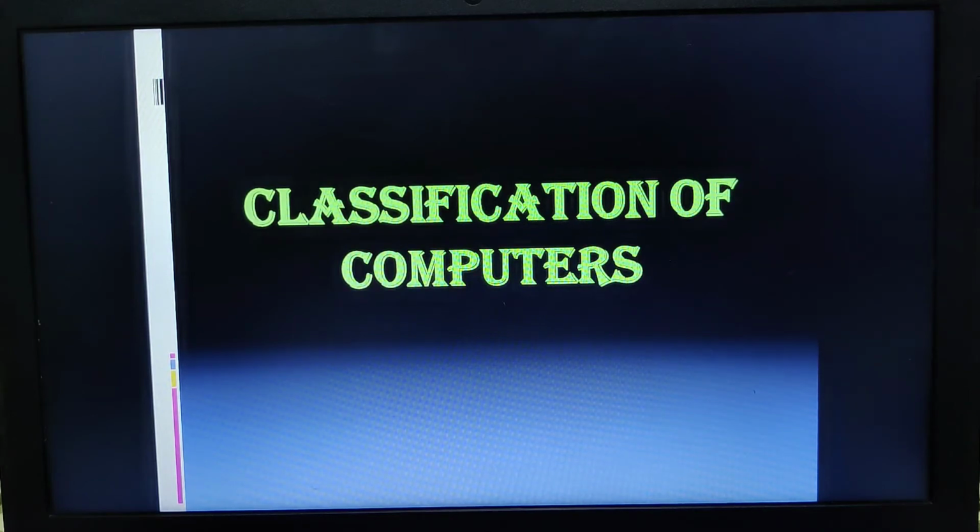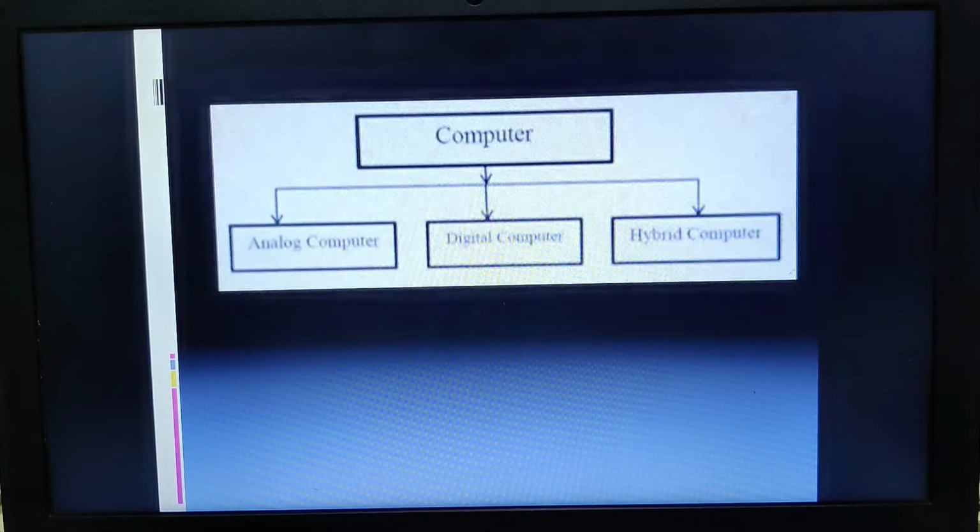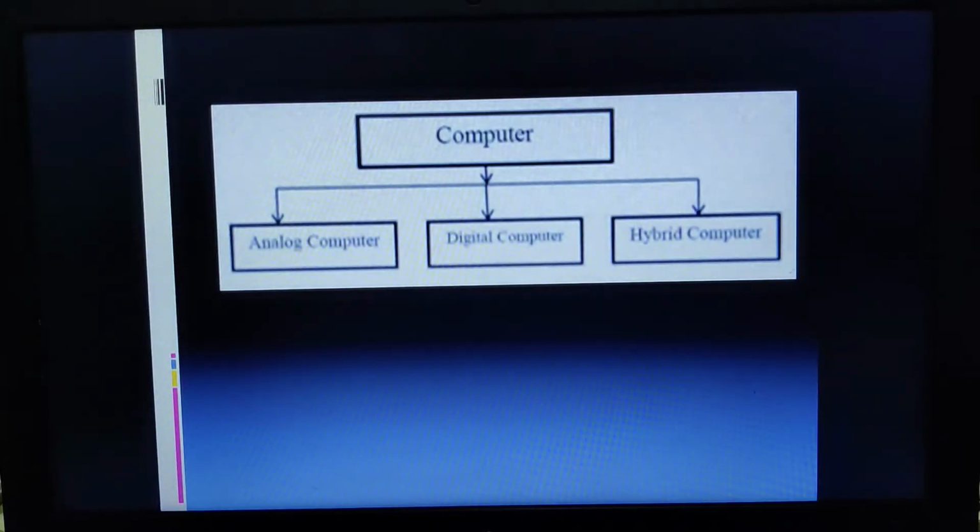So let us move on to the next topic, the classification of computers. Mainly our computers are classified into three types: the analog computer, digital computer and the hybrid computer. Let us see what exactly analog computers are.